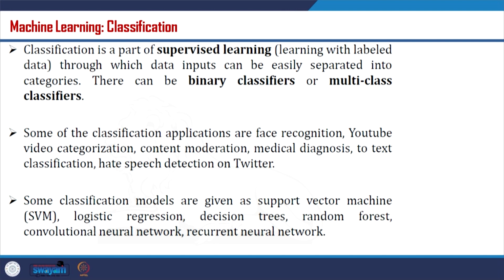In binary classification, you have only two classes, for example positive or negative, 0 or 1, true or false, male or female, healthy or not healthy, COVID positive or COVID negative, and so on.